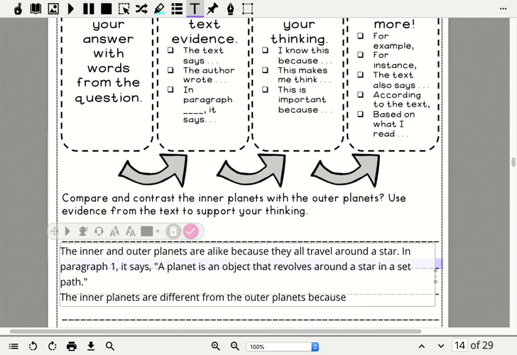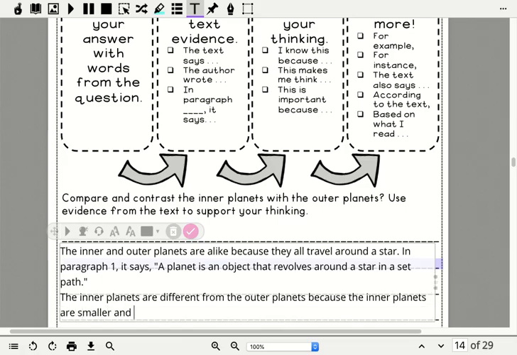Okay, so I see that the inner planets are smaller and have a rocky surface, and the outer planets are bigger and they're made up of mostly gas. So because the inner planets are smaller and rocky, and the outer planets are larger and made mostly of gas.